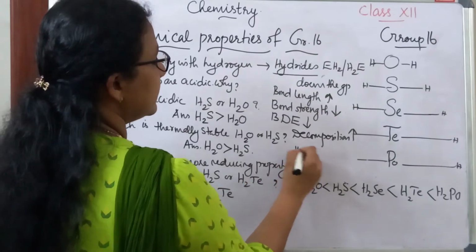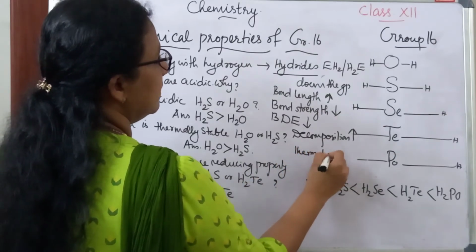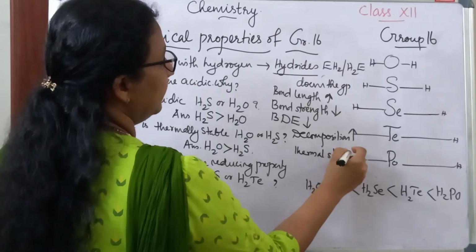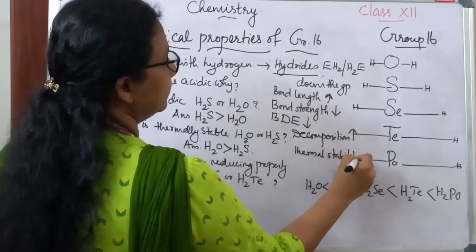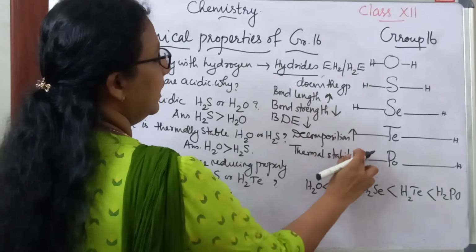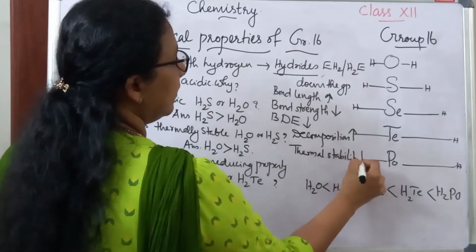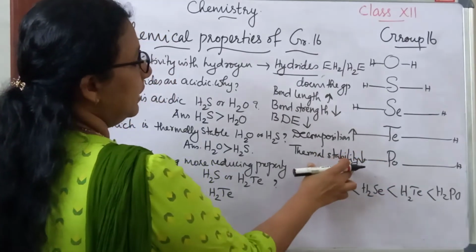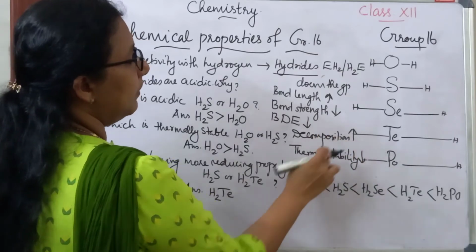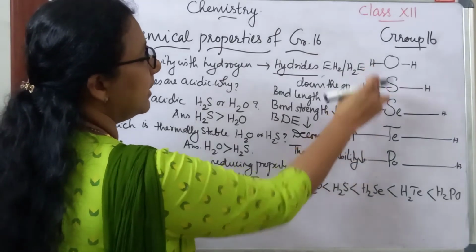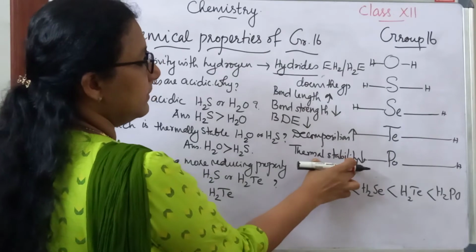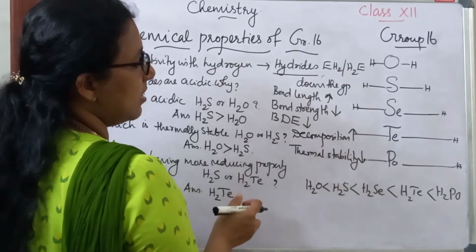So the thermal stability, or the bond stability on heating, decreases down the group. If we are heating the compound, the decomposition process increases down the group. So we can say the thermal stability decreases down the group.